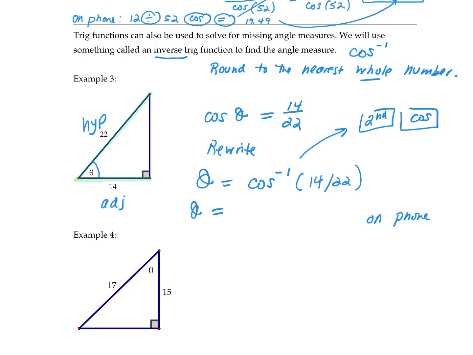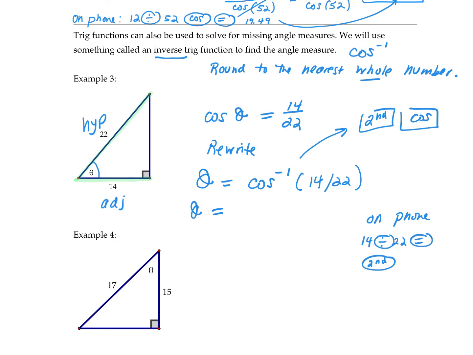Alright, so on your phone, make sure everything's cleared out from the last problem. But you are going to type in 14 divided by 22 and hit equals. Alright, then press the second key.